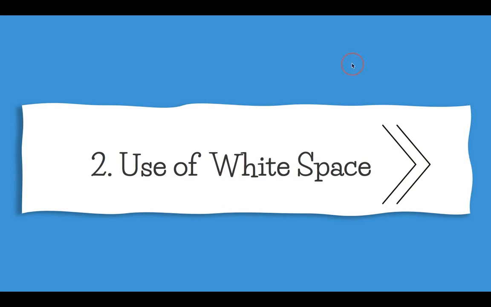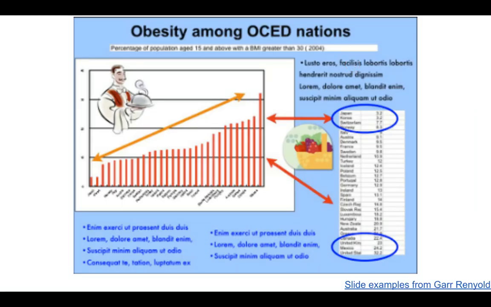The next thing is the use of white space. And this is really powerful in design. This is an example from Gar Reynolds. And this visual is really noisy. It has a lot of graphics, and it's very hard to understand what's going on. You can't really get the main points of what they're trying to say through this visual.